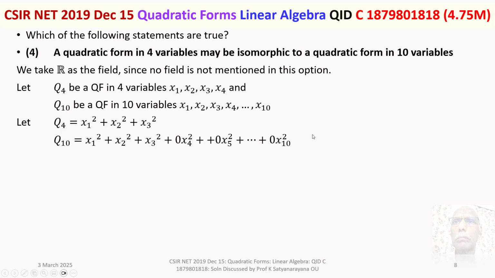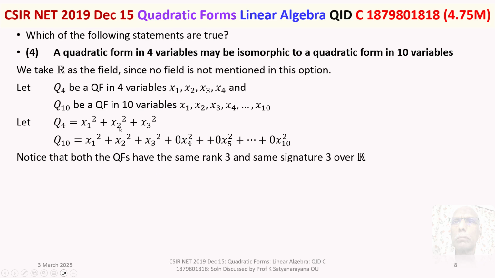Agreed. So, notice that both the quadratic forms have the same rank 3. And also the same signature, namely 3. No negative terms are there in the canonical forms. Rank is 3. Number of positives is 3, and the number of negatives is 0. P minus n, S is 3.